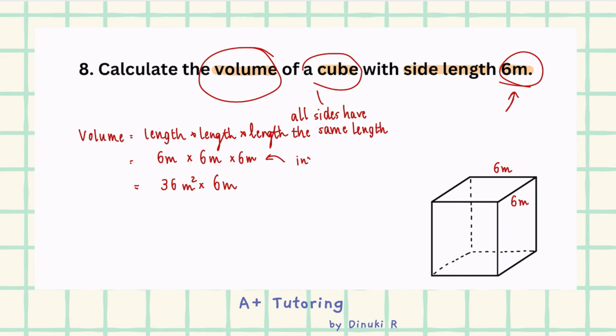What we're doing here is index laws, which we haven't covered as much yet, but yeah, 36 by 6. 6 times 2 is 18, plus 3 is 21, so it's 216 meters cubed, right?